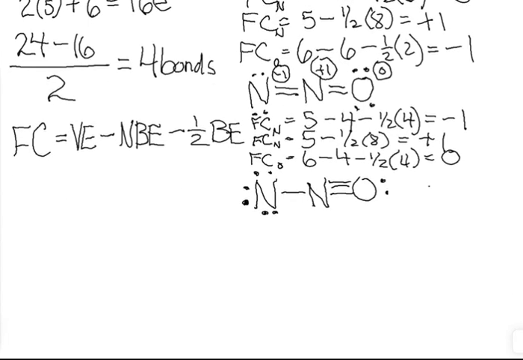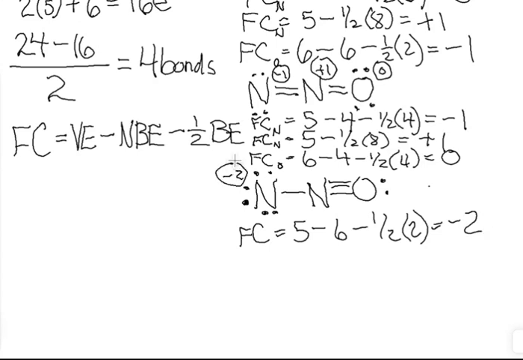Now let's do this last one. Formal charge of nitrogen is 5 minus 6 minus 1/2 times 2, or -2. I can see I've got problems already because nitrogen's the less electronegative, and it's got a more negative charge. Let's do the formal charge on the second nitrogen, which would be 5 minus 1/2 times 8, or plus 1.